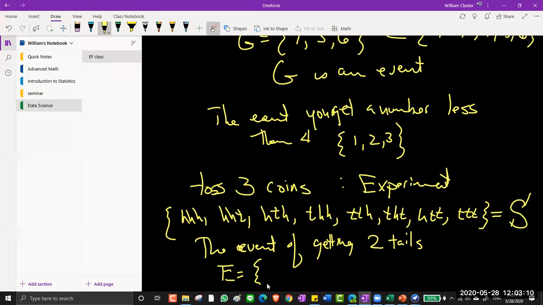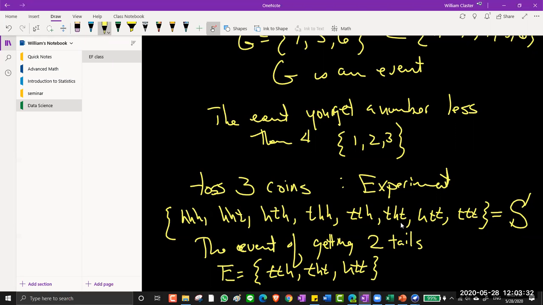It has to be a subset of S. So what is it? TTH, THT, HTT. Exactly. So that is the event of getting 2 tails.